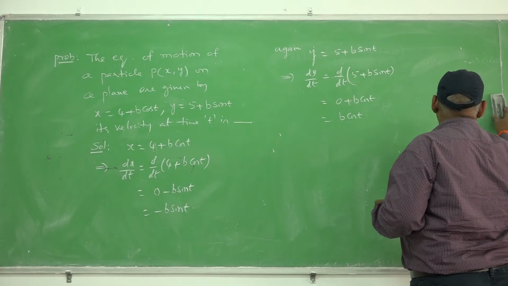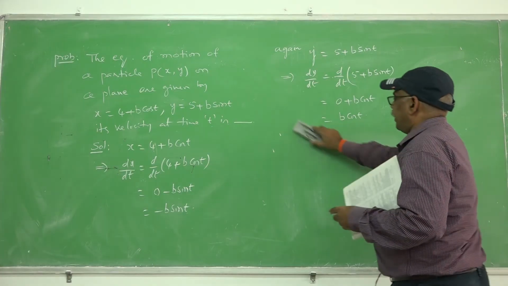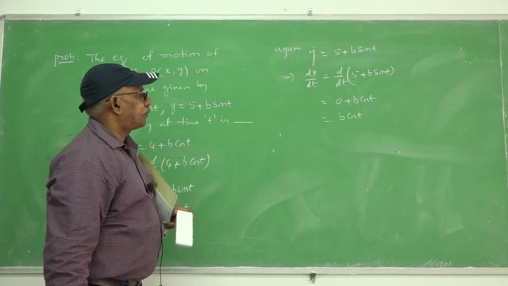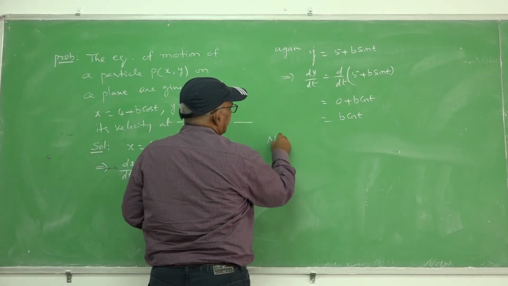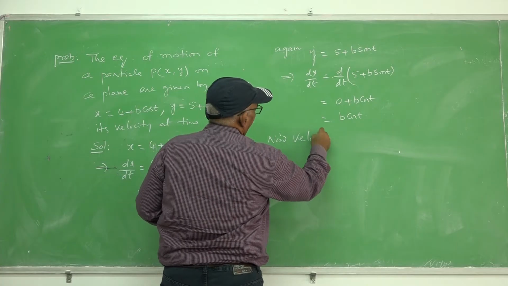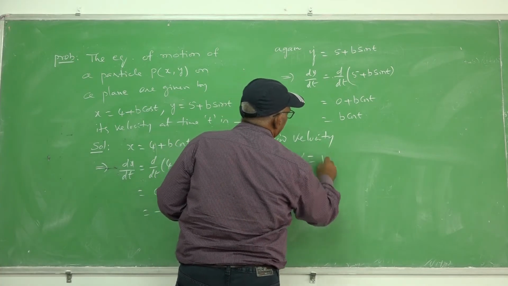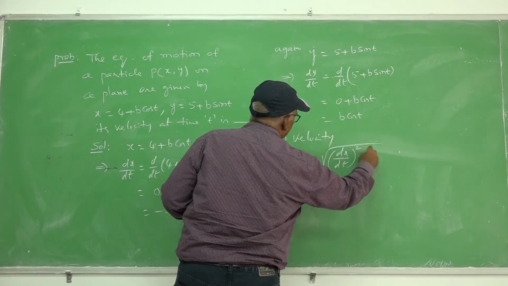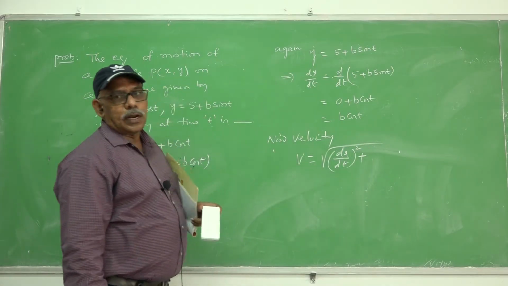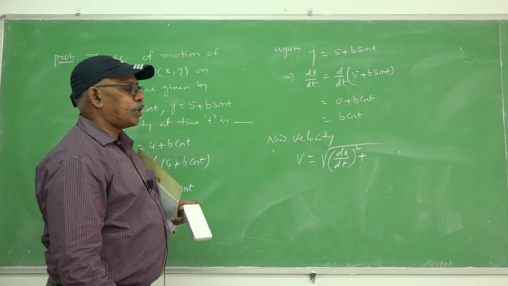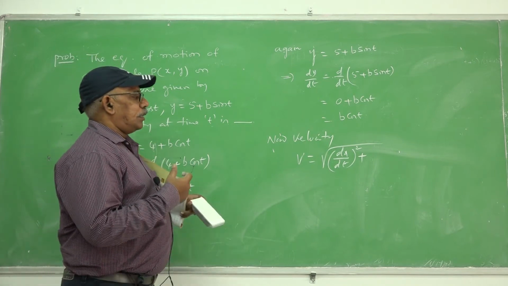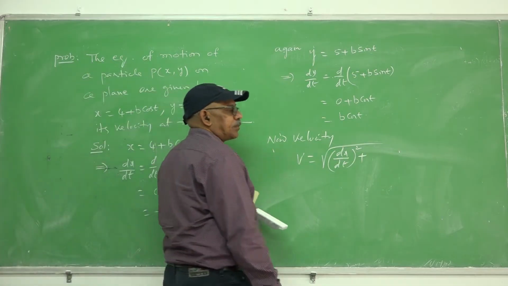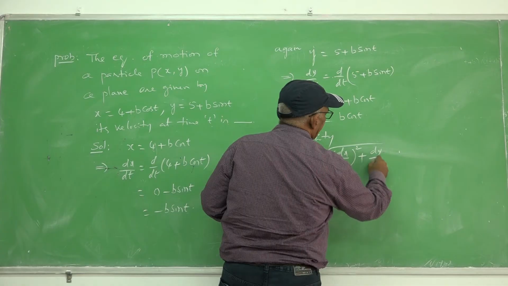Now the velocity. Once the curve is given in its parametric form, velocity V is given by this formula, where dx by dt and dy by dt are the rates of change along the x axis and y axis: square root of dx by dt whole square plus dy by dt whole square.